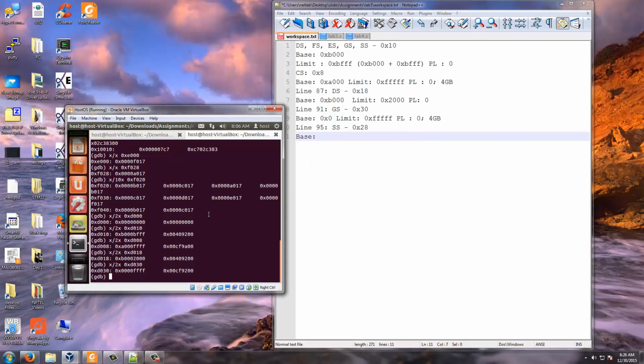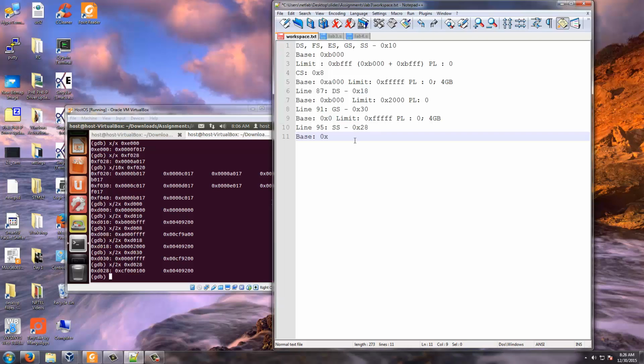So that means its base is, let us go and see here, its base is CF100, its limit is 100, and its privilege level is of course 0, and it's just a normal page.